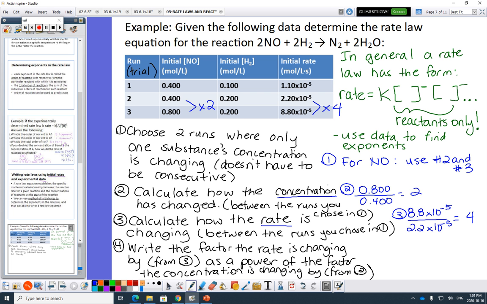So this one here has to be the base, and then you need to write this one with a base of 2. So what's 4 as a power of 2?